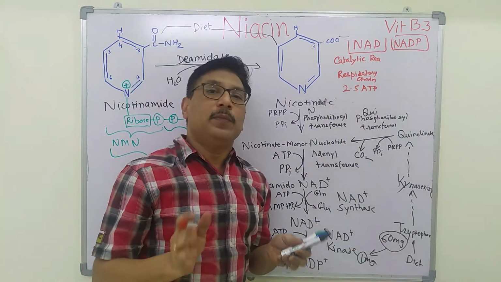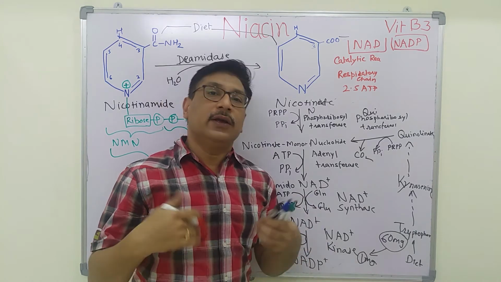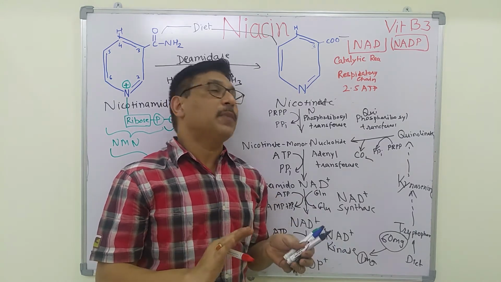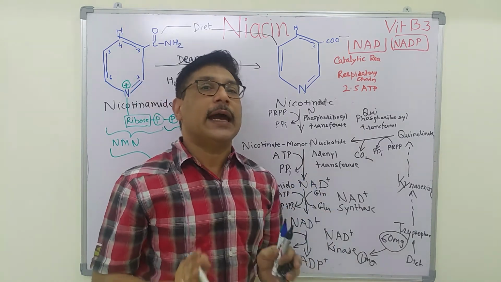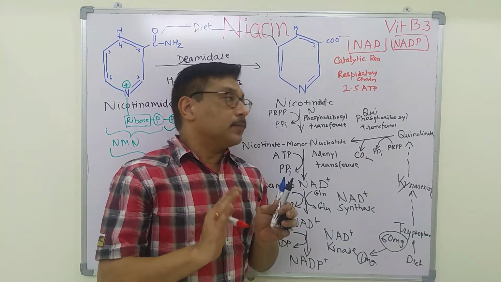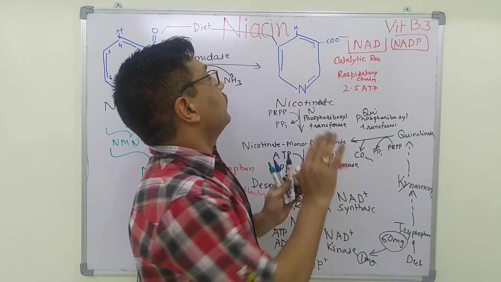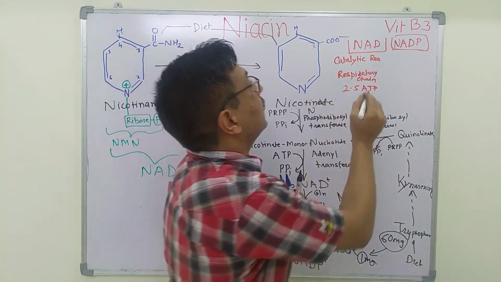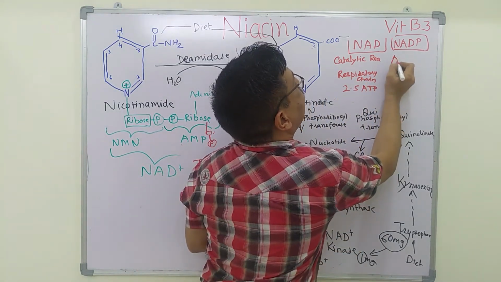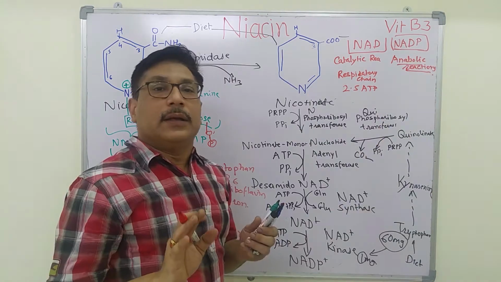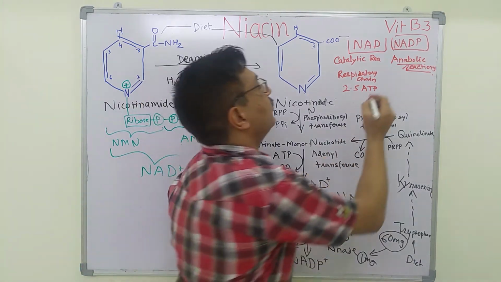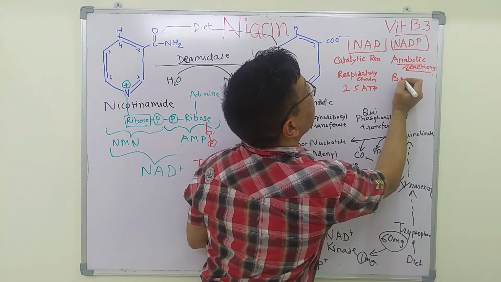Whereas NADPH is synthesized in reducing pathways, and NADPH acts as a carrier of reduced equivalents, and takes part in various anabolic reactions. It helps in biosynthesis of various molecules, especially lipids.